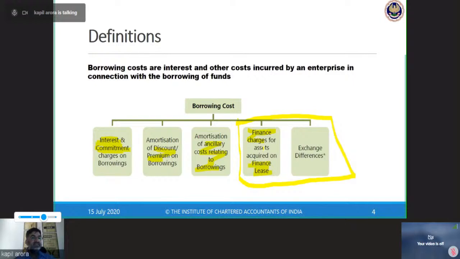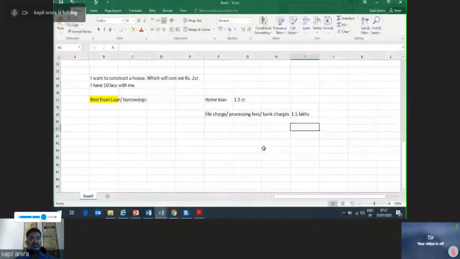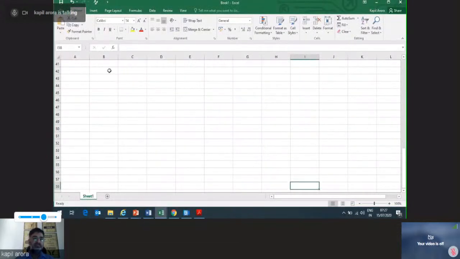Now exchange difference, here we are talking about those differences which are arising. For example, I am getting a loan from a bank in UK, right?